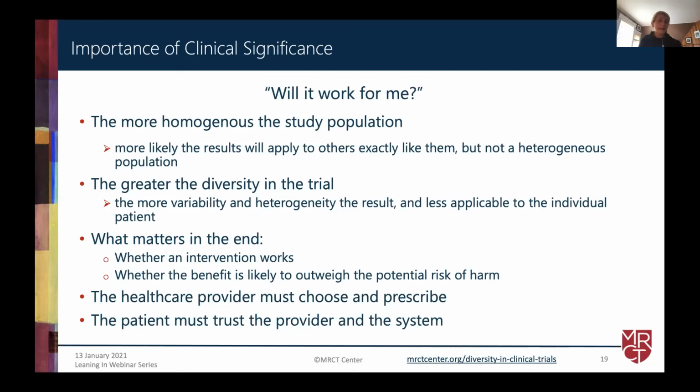And on the flip side, the greater the diversity of the trial, the more variability and heterogeneity of the result, but the less applicability to the individual patient. And what matters in the end is whether an intervention works, whether the benefit is likely to outweigh the potential risk of harm, and that the healthcare provider is going to choose and prescribe an intervention, and the patient must trust the provider and the system.